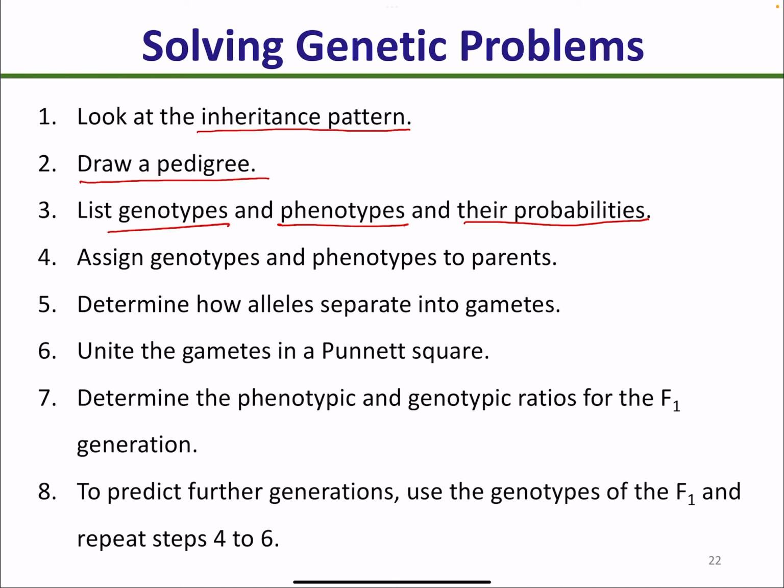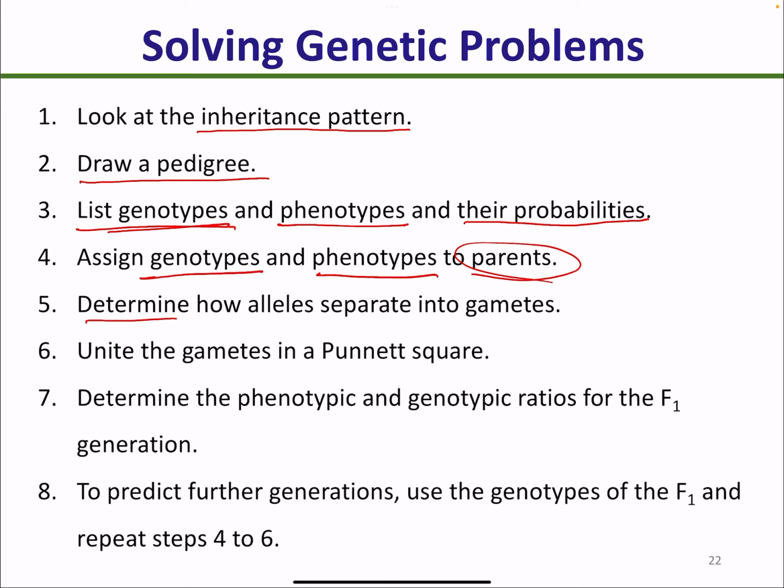So then after listing the genotypes and phenotypes and their probabilities, we will now assign genotypes and also phenotypes of the parents, right? Once we do that, we're going to determine how alleles are going to form. What are the different possibilities of alleles for the parents?